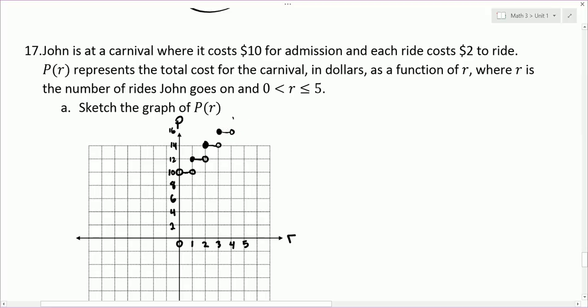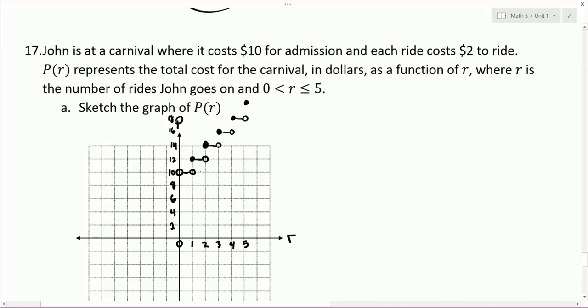Jumps again, up at 18. It just keeps repeating. And then at 5, it jumps again, right there. So this is the kind of graph, and we just have a point at 5. We're stopping at 5, but we want it to be equal to 5. And so this is what this looks like.